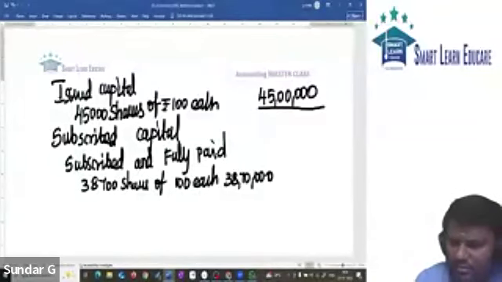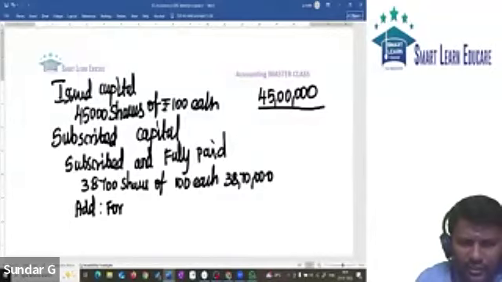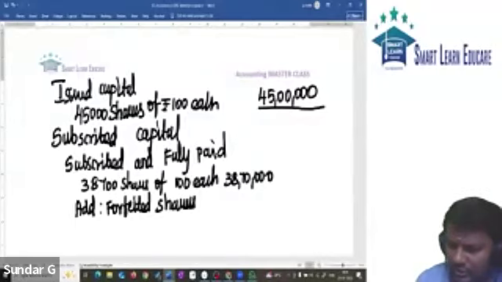And add forfeited shares. These forfeited shares are not yet reissued. Add forfeited shares; the shares are cancelled. On these, how much is paid?